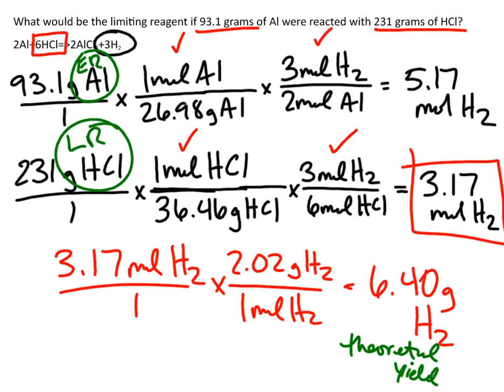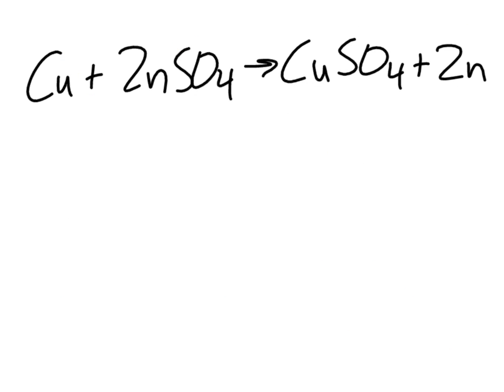The type of questions you'll get on your worksheet will be: identify the limiting reactant, identify the excess reactant, and what's the theoretical yield of a certain product. Now here's a little helpful hint. If I was to give you this equation right here and I said, identify the limiting reactant, identify the excess reactant, and identify the theoretical yield of zinc, that should help you a little bit.